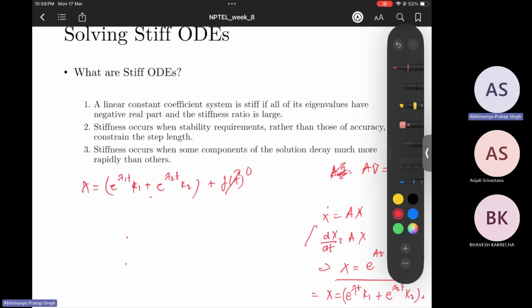Anyways, now I have two transients, exponential of lambda 1 t and lambda 2 t.